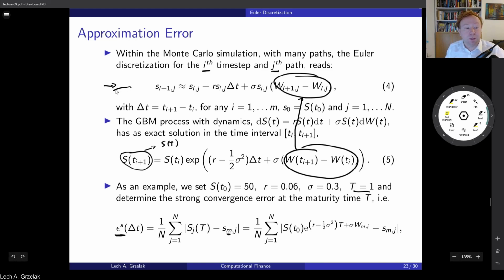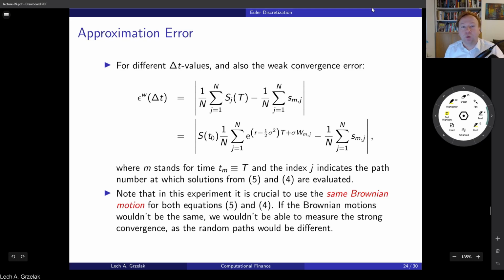So this is the comparison. Essentially, this means that we compare discretization and exact. And once we simplify, we substitute the definition of S_{t_{i+1}}, and this is what we get. We get the summation, and then we have the exact representation minus S_M^j, which we obtain from the Euler discretization. Now, if you would like to measure the error in the weak sense, so weak convergence, it is slightly different.